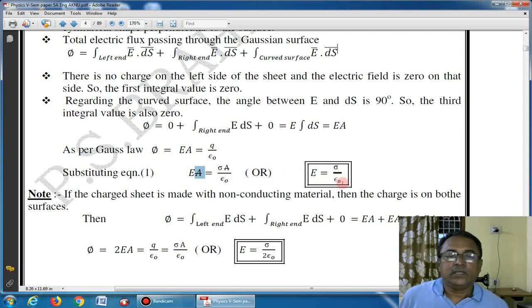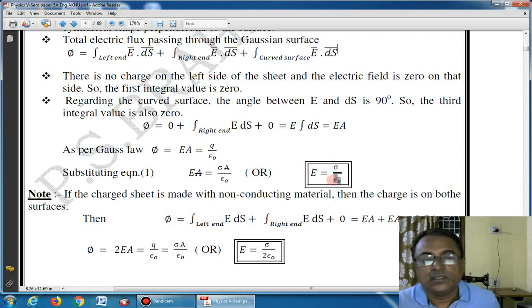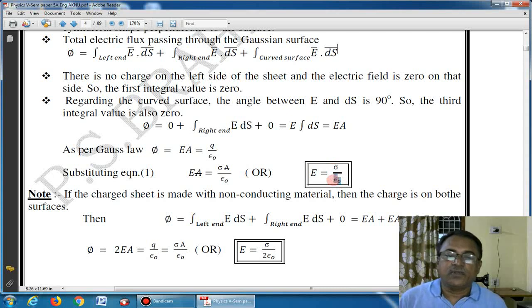So in the case of the conducting surface, the electric field intensity is equal to the ratio of the surface charge density to the permittivity of the free space where this charged surface is located.